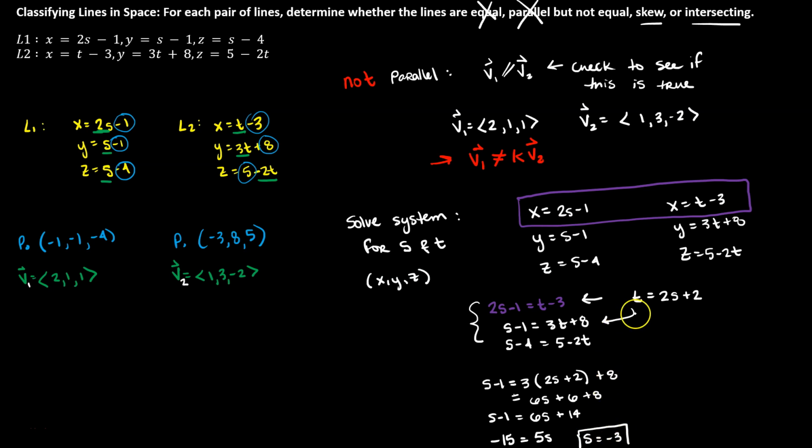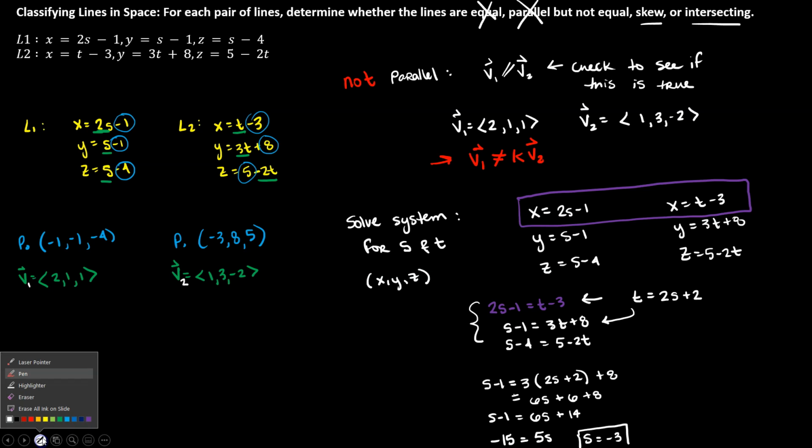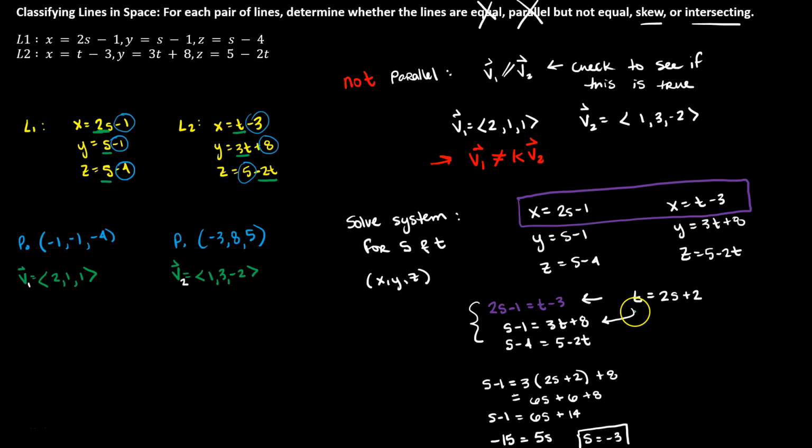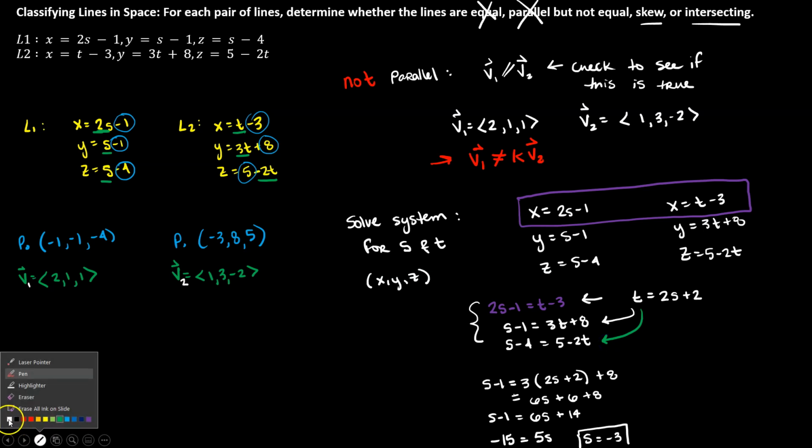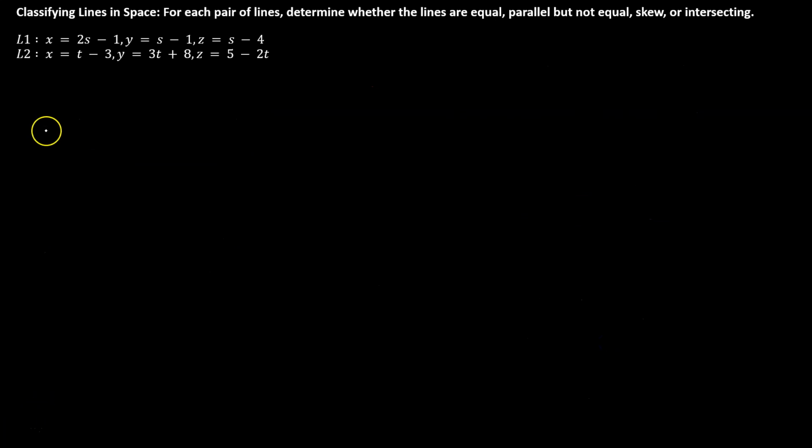But if I were to, instead of plugging that t substitution into the second equation, instead plug it into the third equation, I accidentally erased everything. So we're going to pick up where we left off. I'm going to write out my system of equations again.